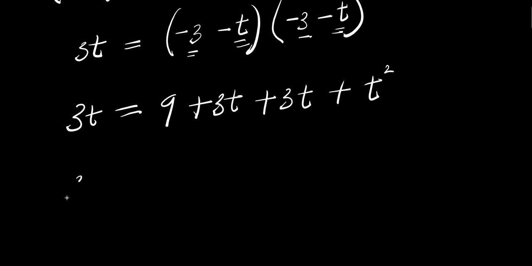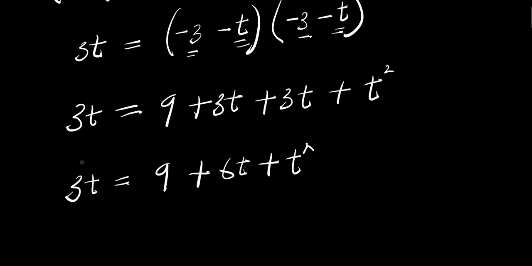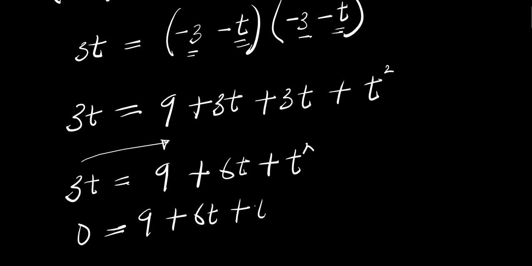So from here, 3t equals 9 plus 6t plus t squared. We move this over here: 0 equals 9 plus 6t plus t squared minus 3t.